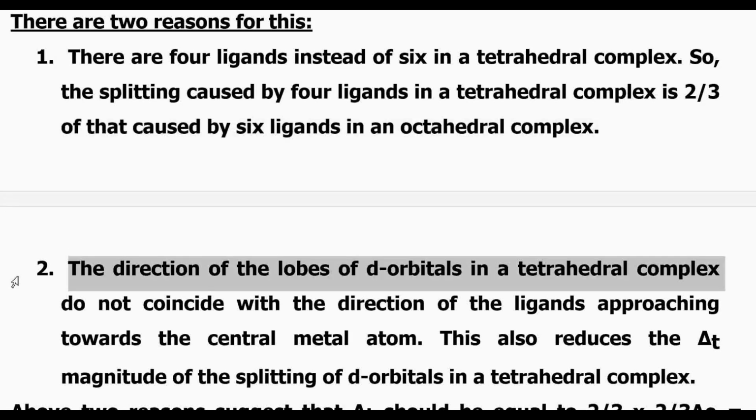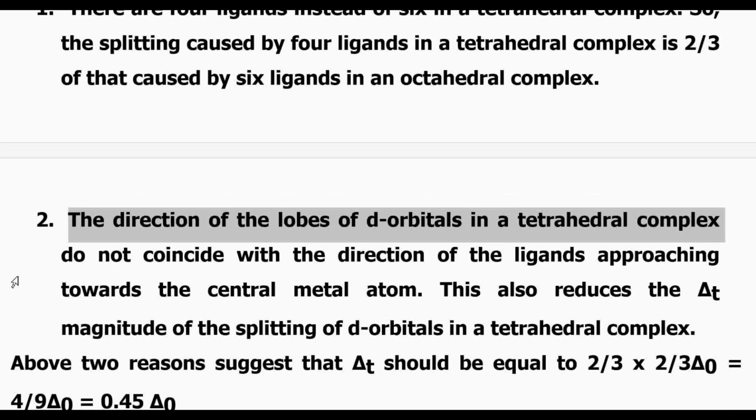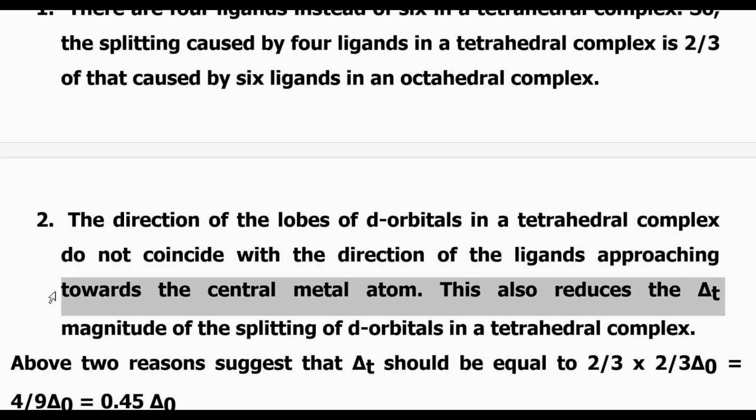The other reason is that the directions of the lobes of d orbitals in a tetrahedral complex do not coincide with the direction of the ligands approaching towards the central metal atom. They are not exactly the same.